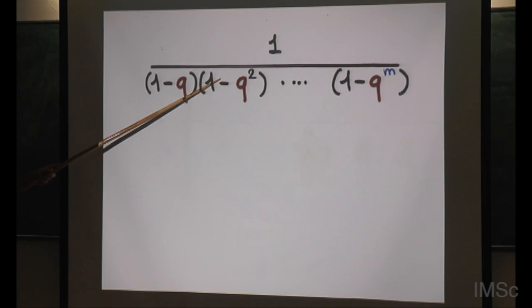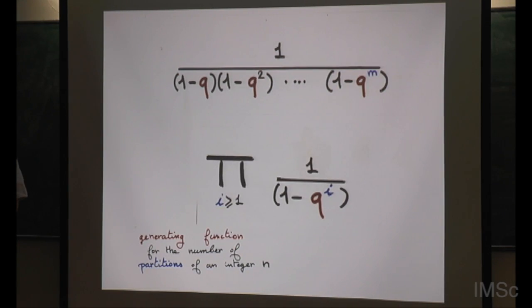Now if I take the limit, if I don't put any bound on the biggest part of the partition, no bound on the number of columns of the rectangle, I get this infinite product. Take the limit when m goes to infinity, so you take off the bound on the number of columns. So this is a nice proof.